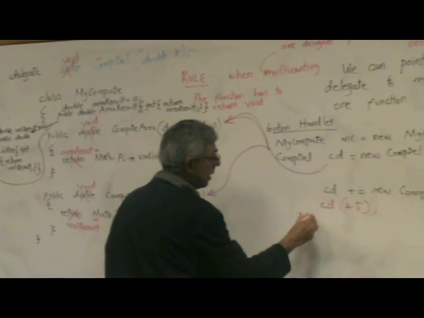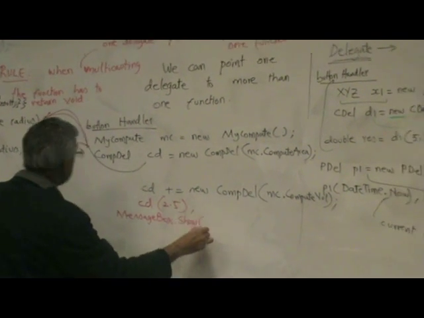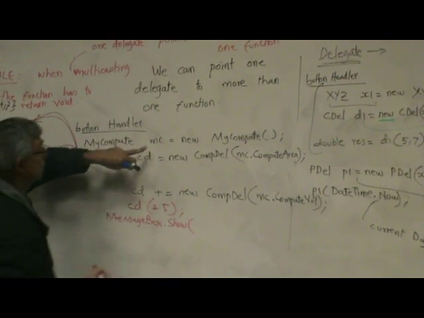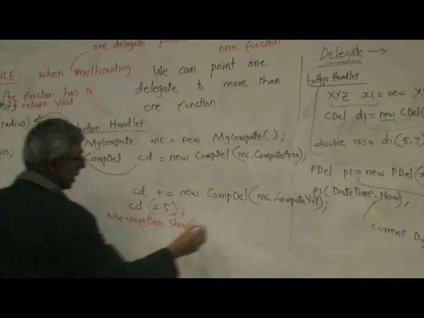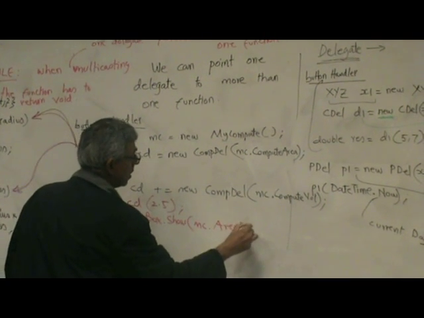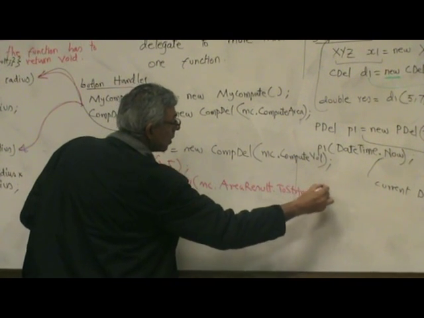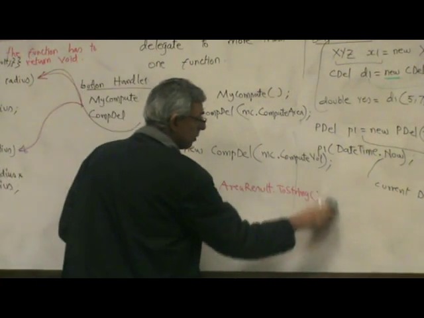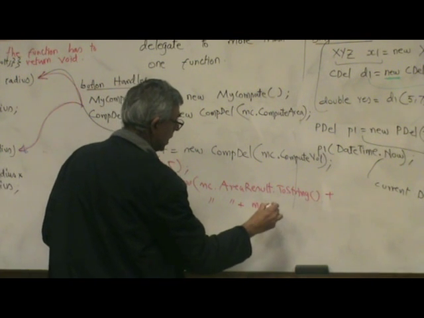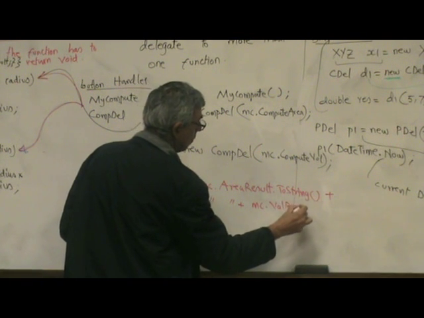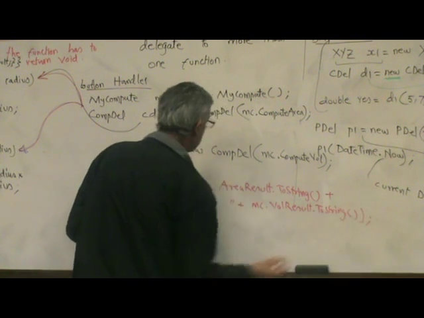So if we wanted to know the two different results, what do we have to do? We can simply say message box.show. Okay, name of the class object that we created was MC. We can call the first read-only property area result dot toString. Okay, so this will give us the result of the area plus MC dot vol result dot toString will give us the volume result.